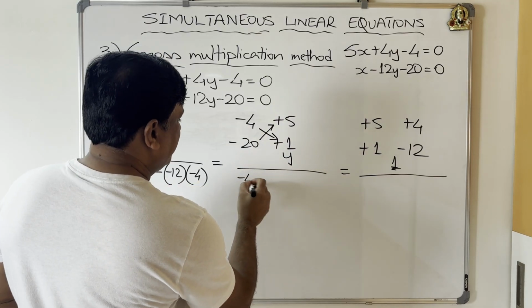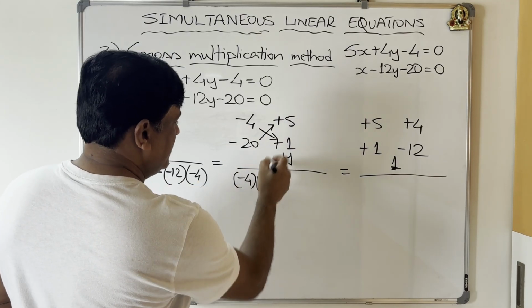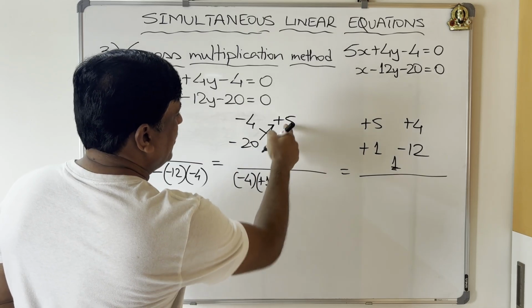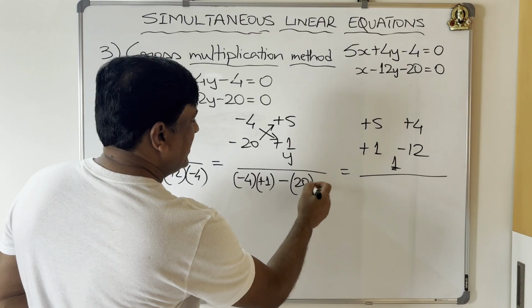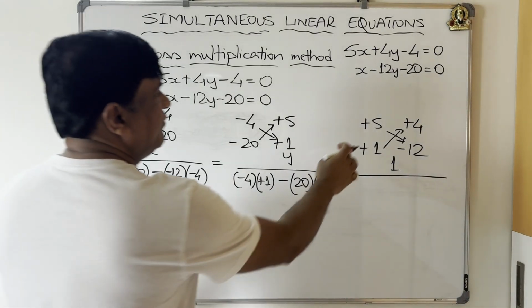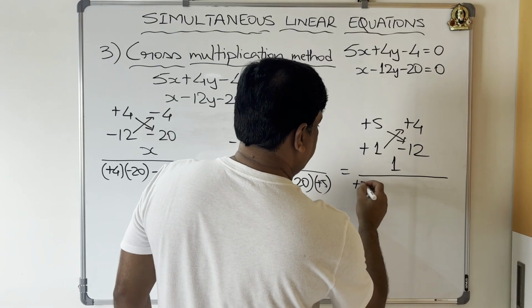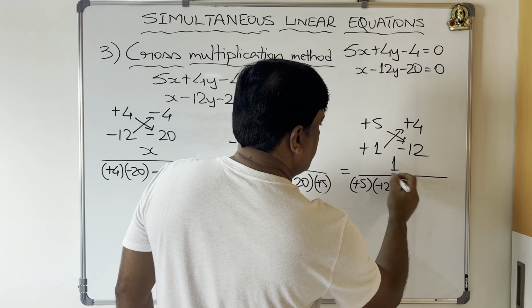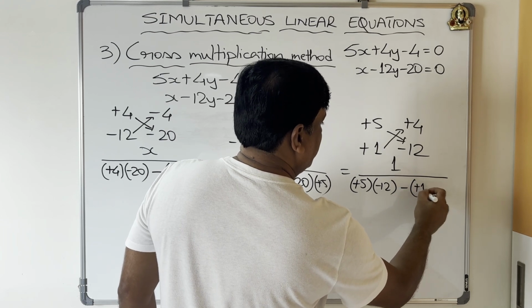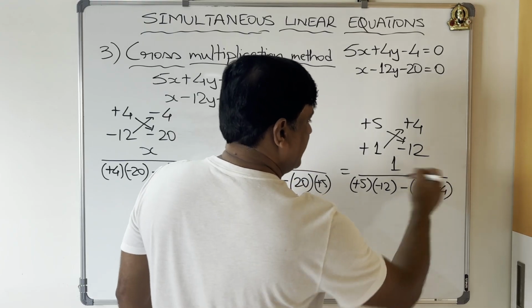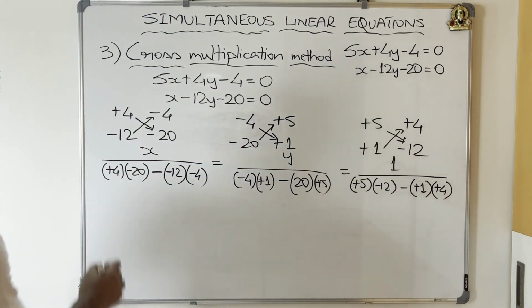So it's minus 4 times plus 1 and minus it is 20 times plus 5, right? So this one will become plus 5 into minus 12 minus of plus 1 times plus 4. Look at it. Okay, now let's go ahead and resolve this.